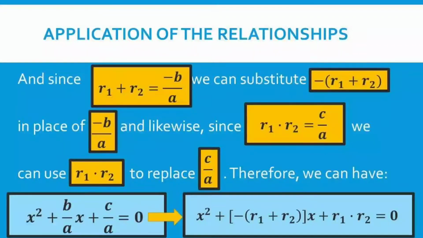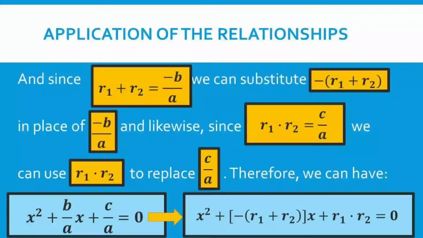And since r sub 1 plus r sub 2 is equal to negative b over a, we can substitute negative r sub 1 plus r sub 2 in place of negative b over a. And likewise, since r sub 1 times r sub 2 is equal to c over a, we can use r sub 1 times r sub 2 to replace c over a.